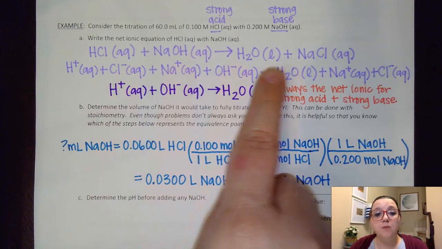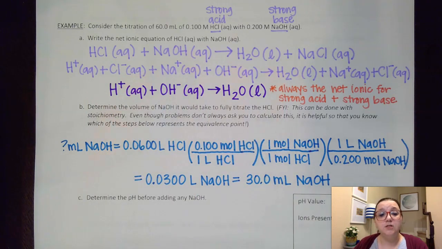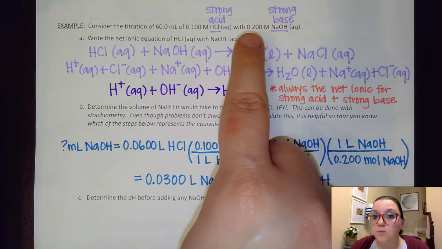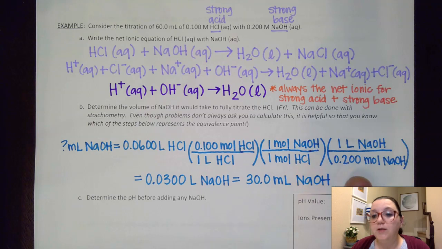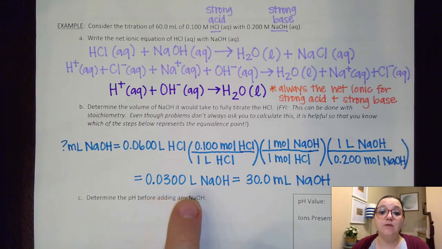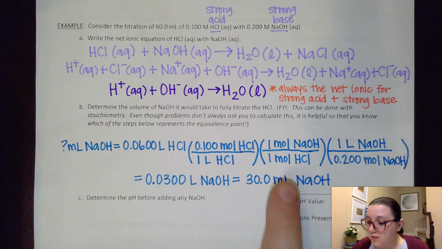That's the stoichiometry ratio between the coefficients from my reaction. And then I said, hey, using this molarity of 0.2 molarity, that would be 0.2 moles of NaOH for every 1 liter of that solution. That would get me 0.03 liters of NaOH that I need, which would be 30 milliliters of NaOH.